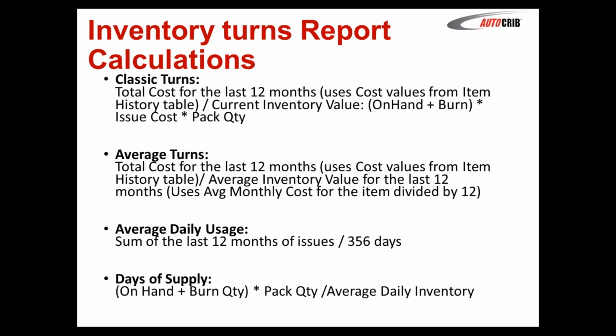So that's your classic turns. And then there's a calculation here for your average turns and your average daily usage and the days of supply. So these are all the calculations for the inventory turns report.